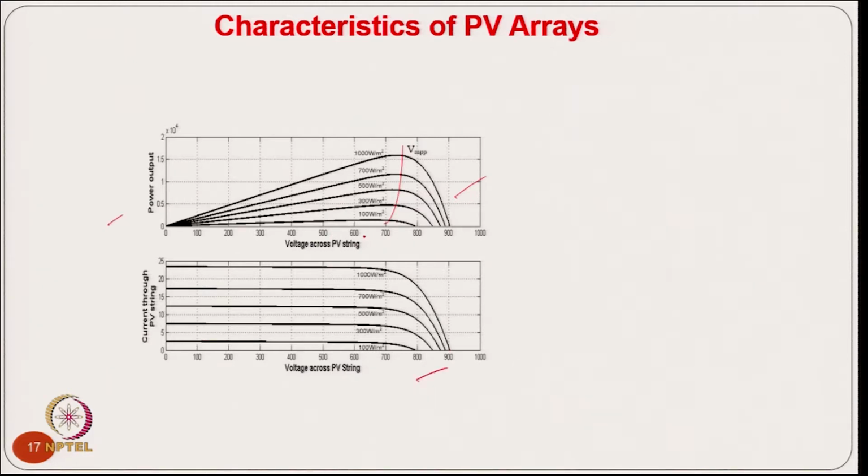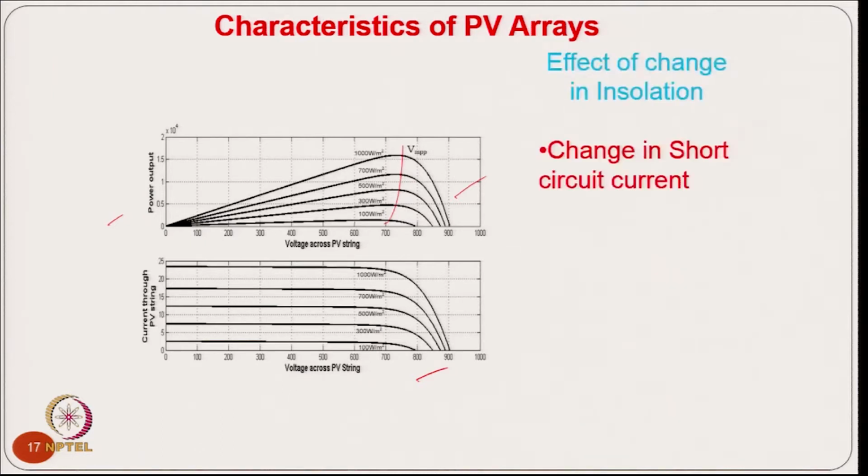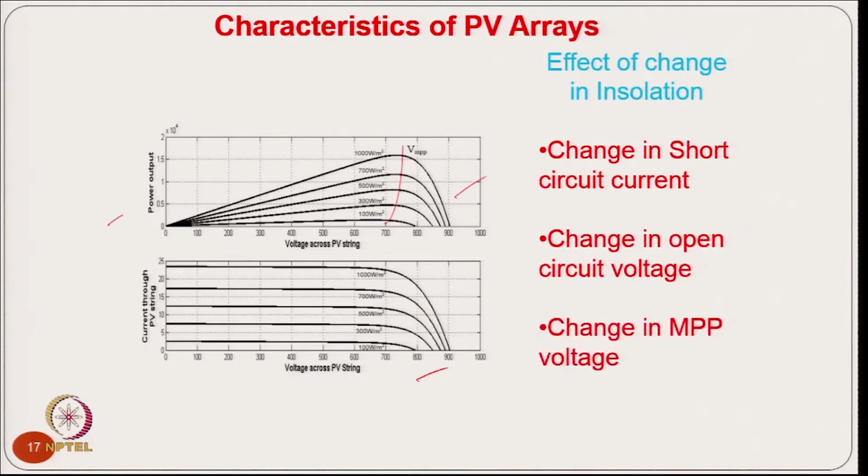So, you will find that you have to move to the maximum power point under different solar insolation, and this happens in the daytime at different intensity from morning to evening, or even at peak lunch time. The effect of change in insolation is a change in short circuit current level, a change in open circuit voltage, and a change in maximum power point voltage, and certainly this needs a maximum power point tracking controller.